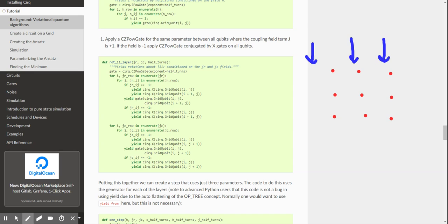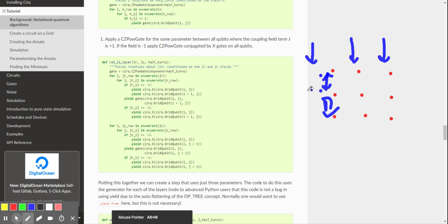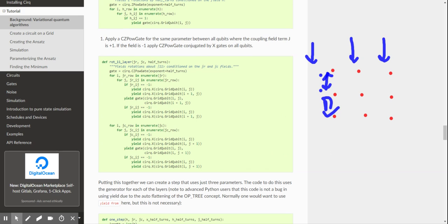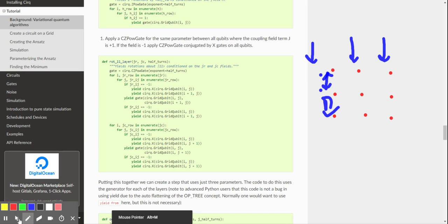Then within each column you just want to iterate 2 times, like this one and this one. And yeah, it just makes sense. I think that's so basic that you're probably going to think I'm stupid.